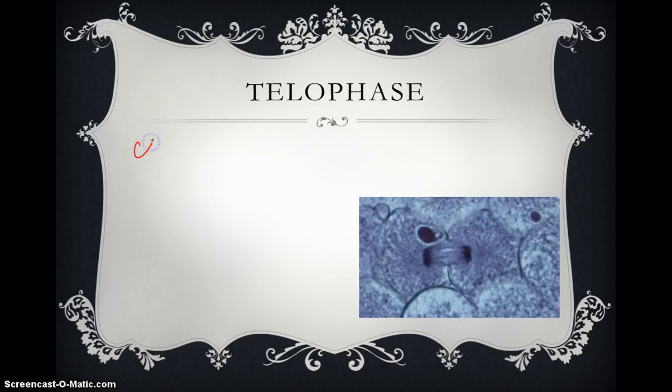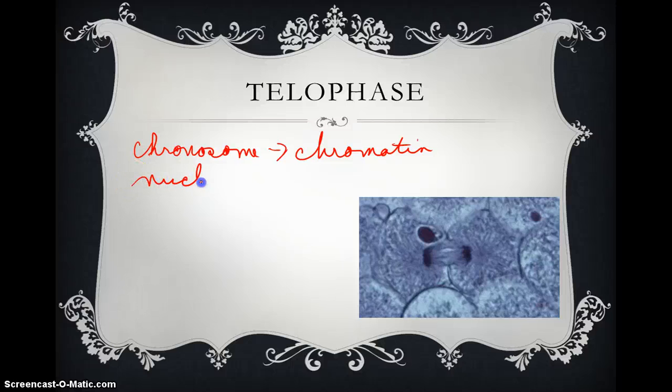Chromosome is going to become chromatin. It's going to uncoil. Nuclear membrane is going to reform. Nucleolus reappears.